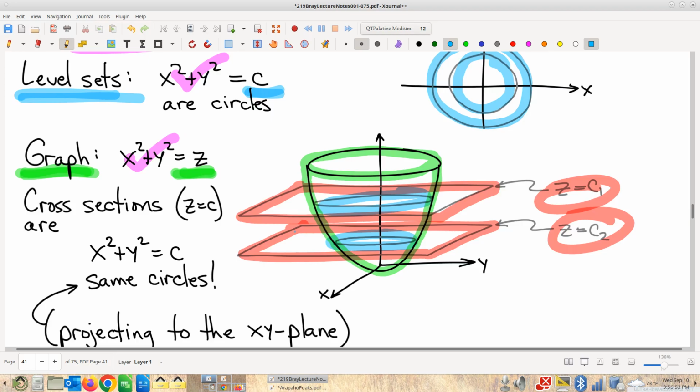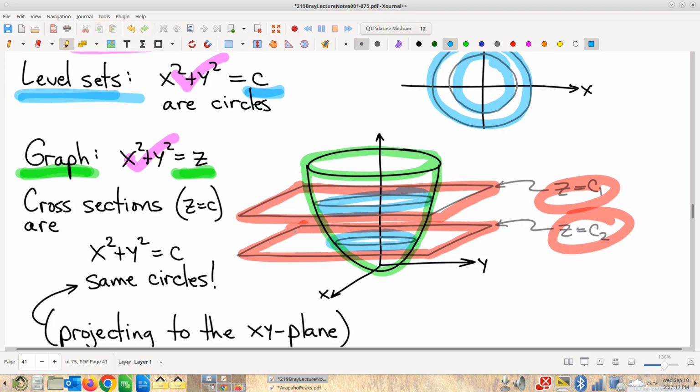So literally, level sets are horizontal cross sections of graphs. And I did just commit a little micro math crime. I'm going to fess up and fix it in just a second. But for the moment, let's keep it pithy. Level sets are horizontal cross sections of graphs because these blue curves are pretty much the same as those blue curves.